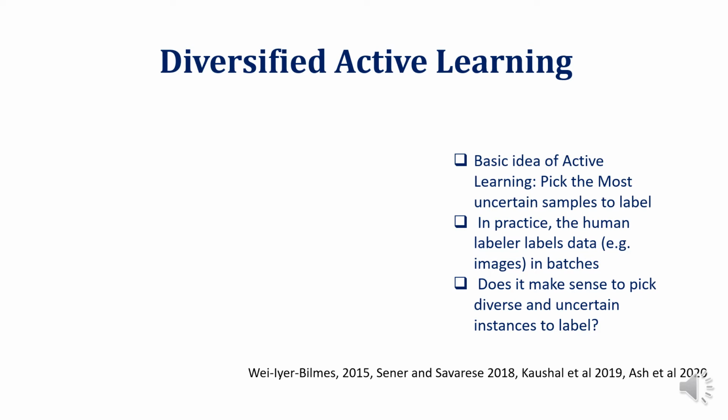And diversity could be measured through DPP. You would also like to ensure that these instances are high coverage, that is, they cover different aspects of the distribution. So high coverage you could ensure using, say, facility location, or you could even look at feature coverage using weighted set cover.